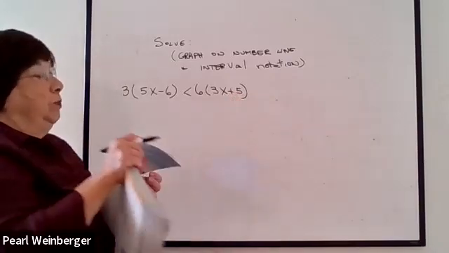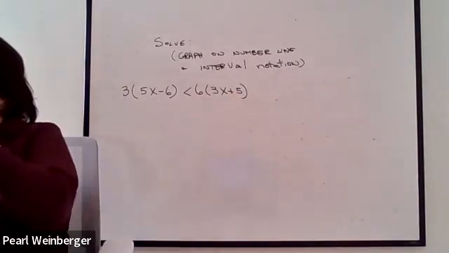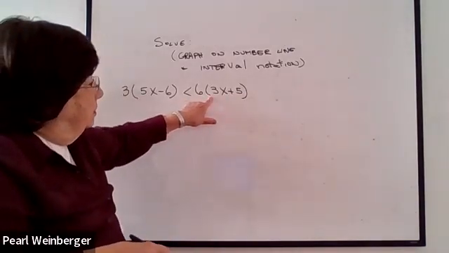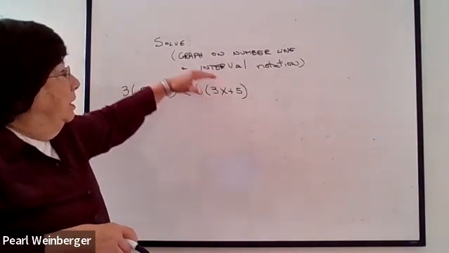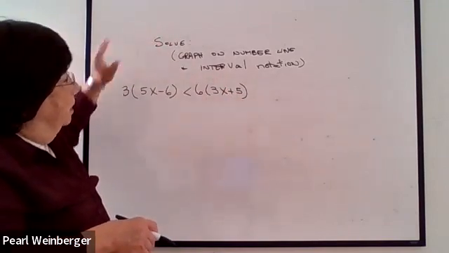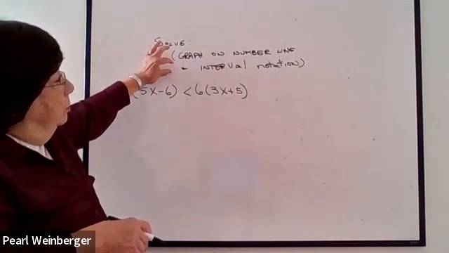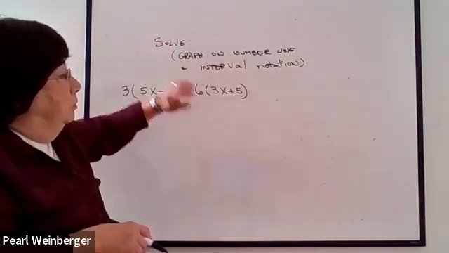Okay, we have 3 parentheses, 5x minus 6, less than 6 parentheses, 3x plus 5. Again, I'd like you to solve it as an inequality, then graph it on the number line, and also give your answer in interval notation.